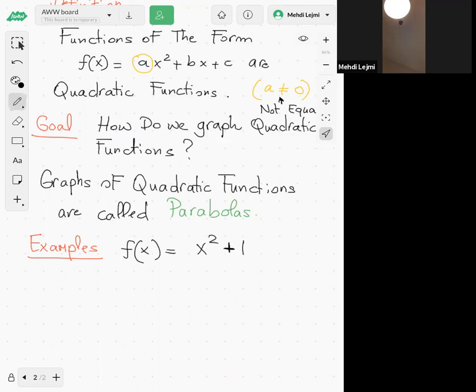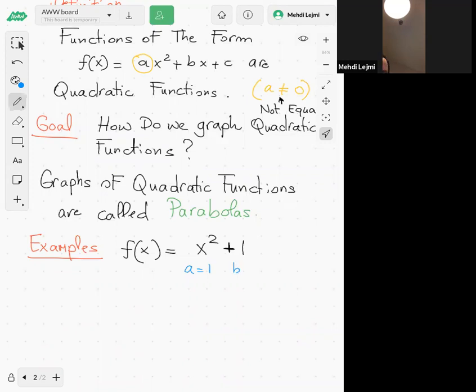This is a quadratic function. So the A would be equal to 1, right?